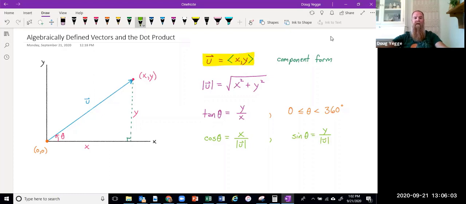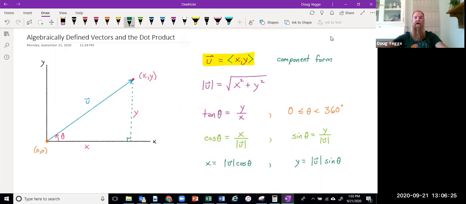So if we just multiply both sides by that magnitude of u, that shows me that x is equal to the magnitude of u times cosine theta. And the y coordinate is equal to the magnitude of u times sine theta.